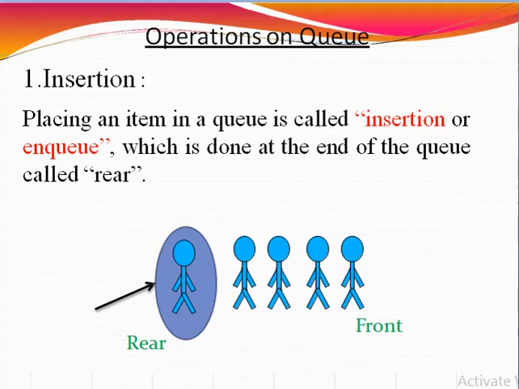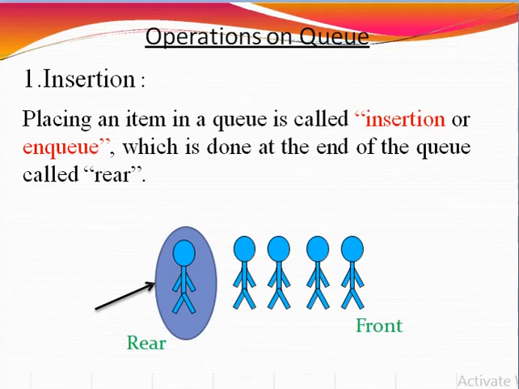First is insertion. Placing an element in the queue is called insertion or enqueue, which is done at the end of the queue, called the rear end. Look at the diagram. The queue has a capacity of, say, 5 elements.